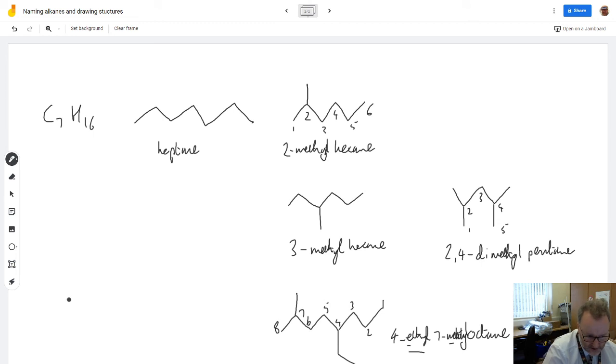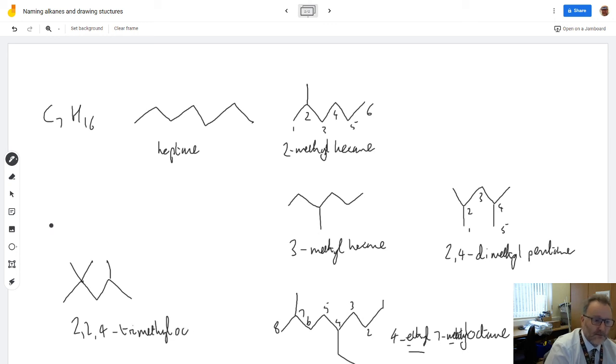Probably the most commonly asked about one in terms of lots of branches is this one. This is an isomer of octane as well. It's an isomer of this compound here. And this one is 2,2 because you've got two methyl groups on the second carbon. 2,2, and I've put one on the wrong place. That one there. 2,2,4 rather than 2,2,3. 2,2,4 trimethyl, whoops, pentane, not octane, it's an isomer of octane.